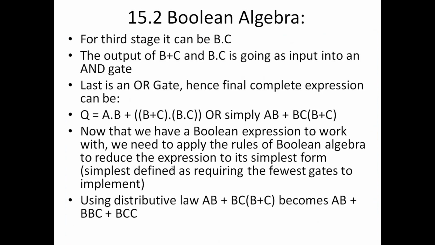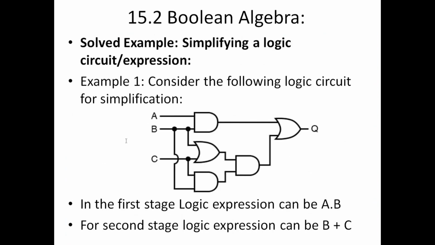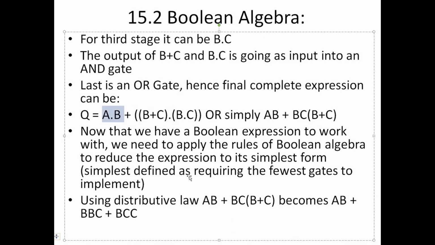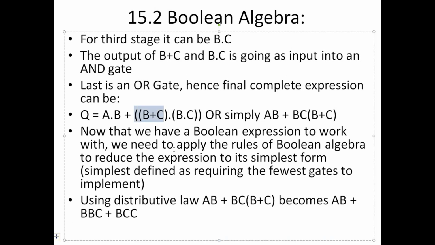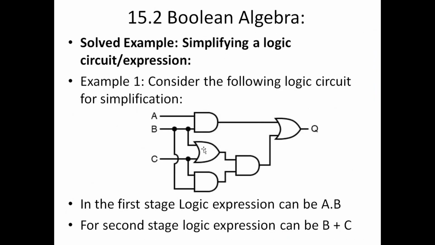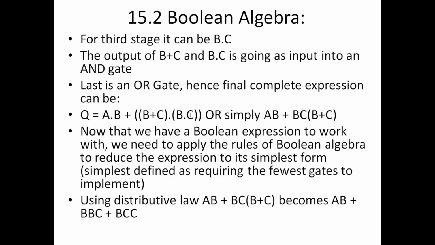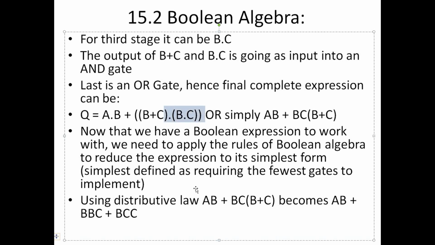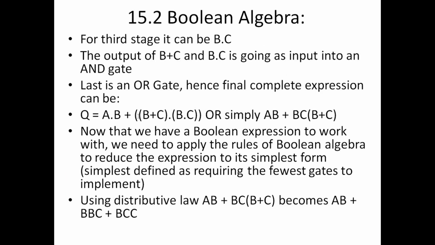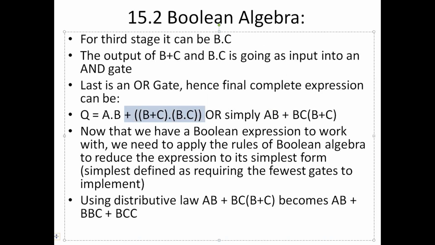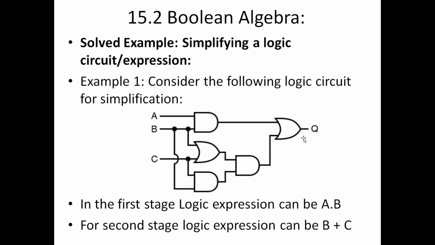So Q, that's your final output, will be equal to A and B, the first part, then plus B plus C, the second gate, and the output of this gate will go into an AND gate with this sequence B and C, and ultimately between these two brackets, this and this expression will have an OR gate over here.